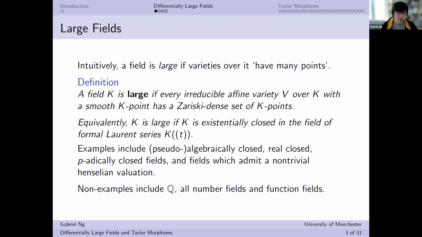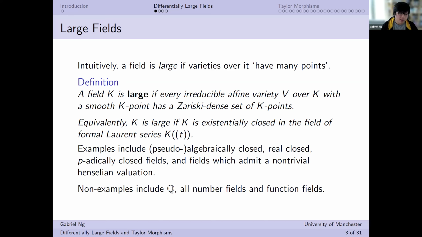And equivalently, you can formulate this from a model theoretic perspective, and you can say that a field K is large if and only if it is existentially closed in the field of formal Laurent series K double bracket T. And this is as a field without extra structure.